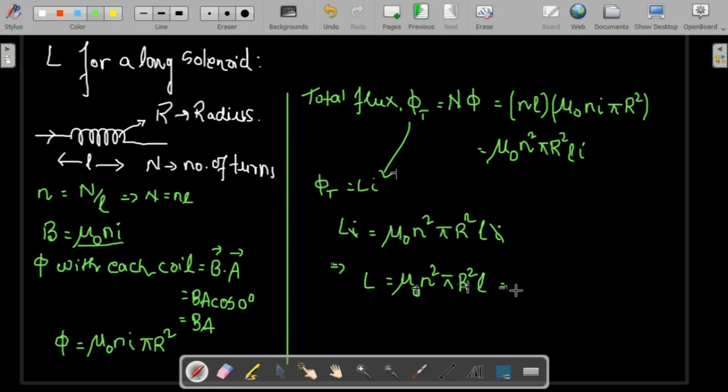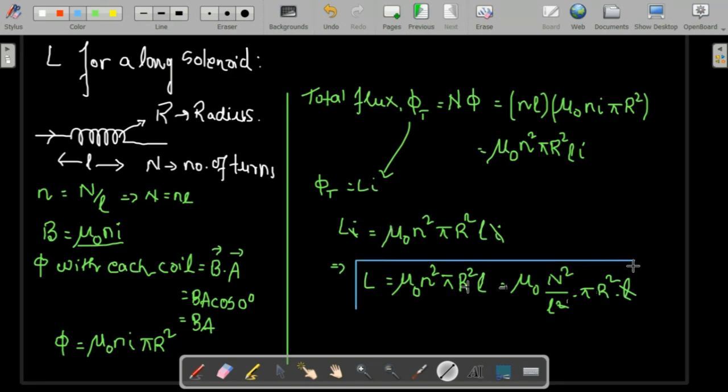So I can write it as mu naught N square by L square into pi r square into L. So that cancels, and I'll have this relation. It depends on what parameters are provided in the question, and based on that you can use this formula.